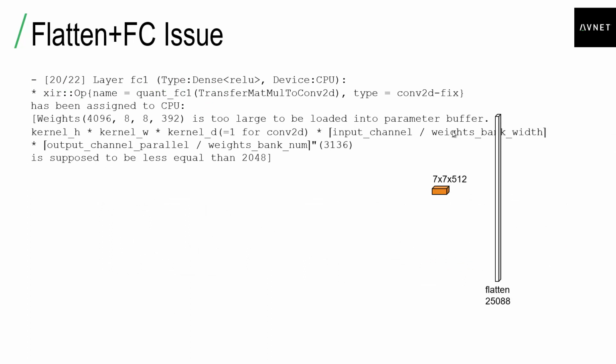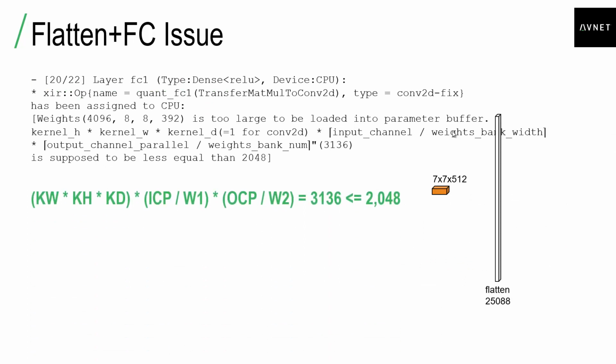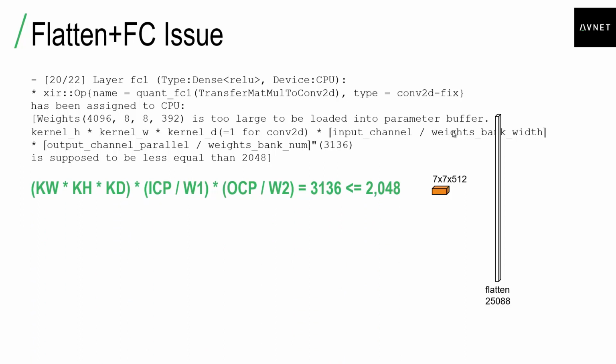If we bring back that very long message with the very complex formula, I'll repeat it here for convenience: we have our kernel width and height times depth multiplied by our input channel parallelism divided by the weight bank width, times the output channel parallelism divided by the weight bank number. And this formula resolves to 3136, which is larger than the maximum allowable of 2048. So what does this mean?